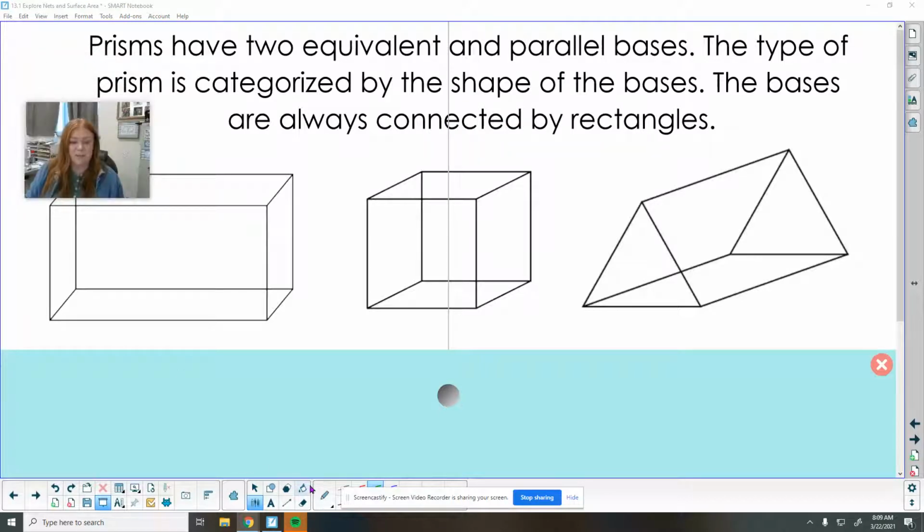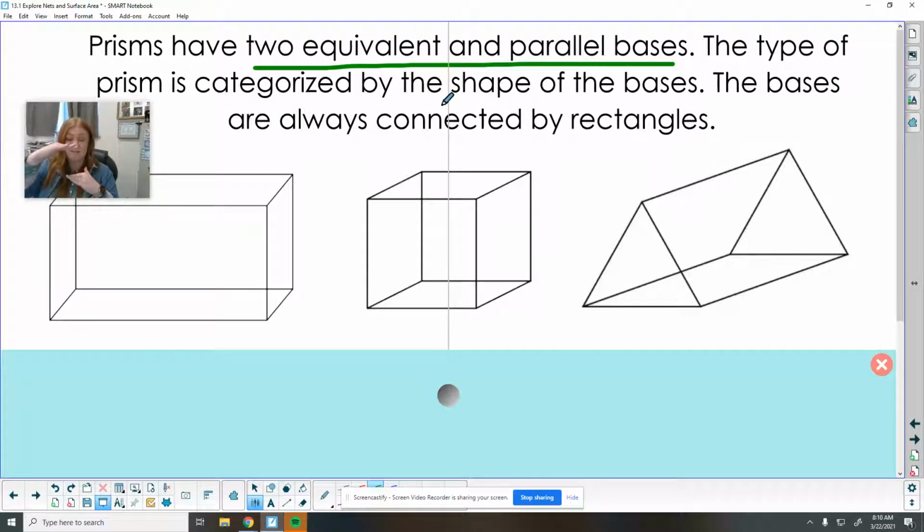So let's talk about the prisms and the pyramids. Prisms have 2 equivalent and parallel bases. So it has a base on the bottom and the top of it is exactly the same. It's the same shape and they're exactly in the same angle. So if one slanted, the other slanted. So they're exactly the same. The type of prism is categorized by the shape of the bases. So you look at what is it sitting on?